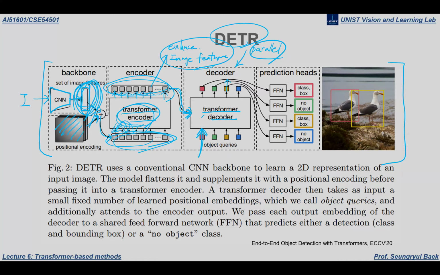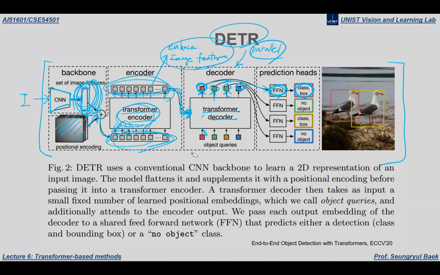We cross-attend this randomly initialized vector with the enhanced image feature, which is the output of the transformer encoder, to produce each output of the decoder. Each output of the decoder is applied to an FFN, which is an MLP, and outputs both class probability and bounding box information.